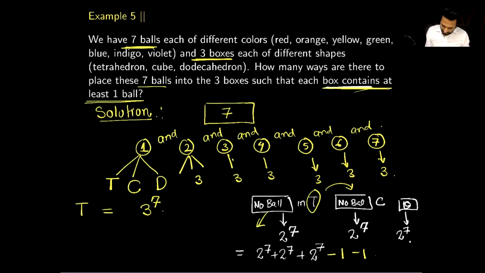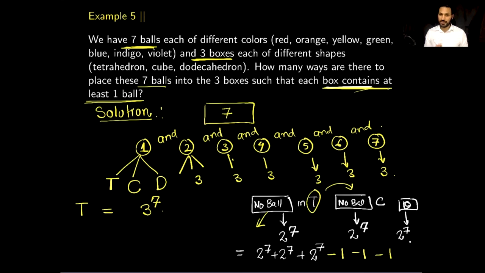And similarly, when I'm performing the task in D, I can perform an event in which I cannot place any ball in D. So I have to remove that possibility also.